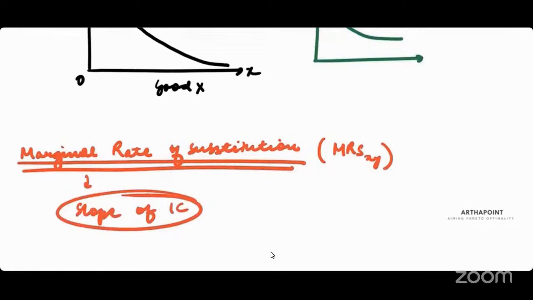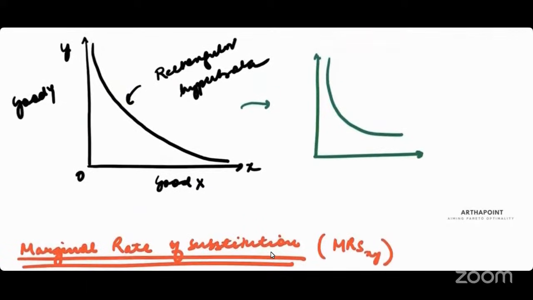The slope of any curve is measured at a point on the curve. So, for example, if I want to measure the slope of this curve here, I have to draw a tangent line here, and that will give me the slope. If I have to measure the slope here, I will draw a tangent line here and it will give me the slope.